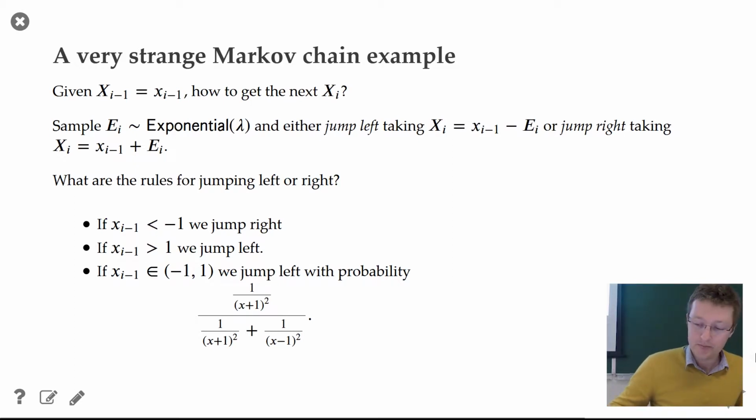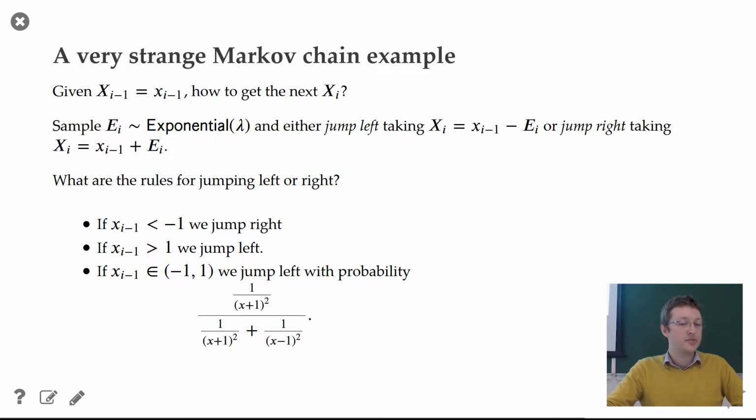So I wanted to come up with an example of a Markov chain to make some plots, and the following is what I came up with. You define a Markov chain by how you move: I'm at this one position, how do I move to the next position? Imagine a stochastic process where, if I am at x_{i-1}, to get to the next x_i, I do a jump of size E_i, which is exponentially distributed.